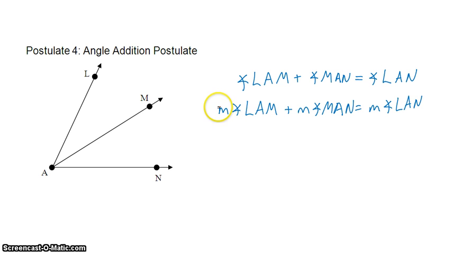That subtle change by putting this m in front of all of these allows me to go from the geometric figures of angles to numbers. And in this case, those numbers are going to be in degrees. If I take a protractor and I measure angle LAM, and I get 32 degrees, I can substitute in 32 degrees for this measure.